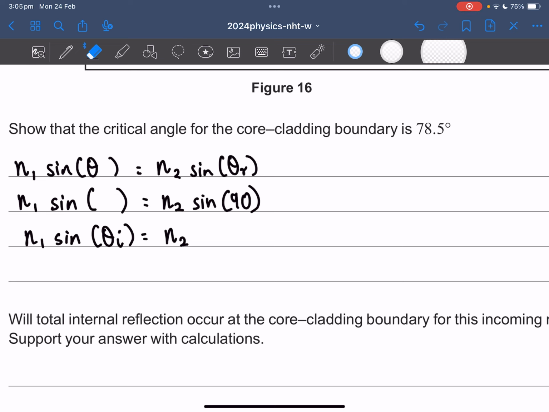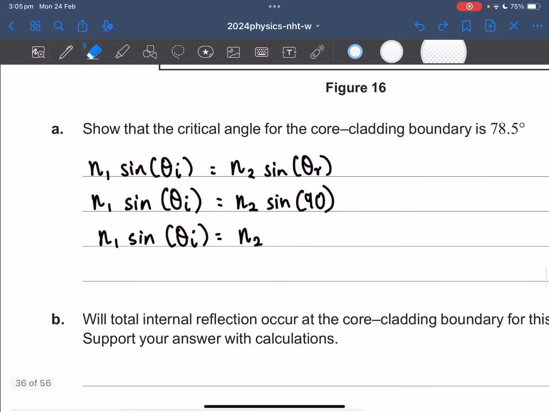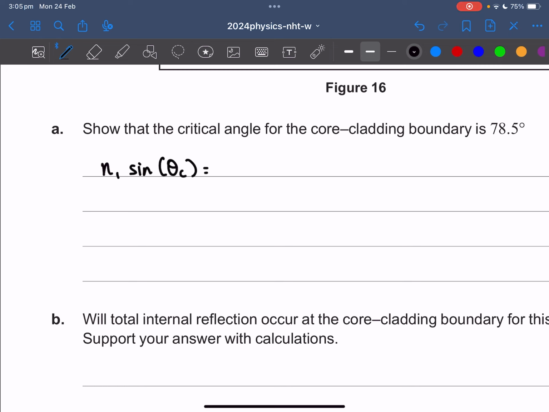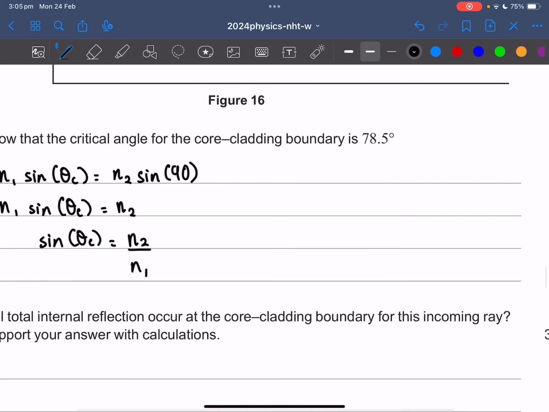So it will be n1 sine of theta c equals n2 sine of 90. Then I can say n1 sine theta c equals n2, so sine theta c equals n2 on n1.